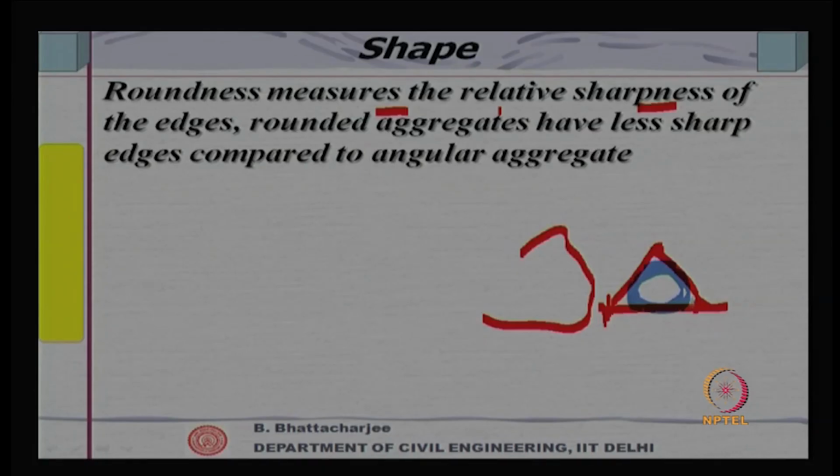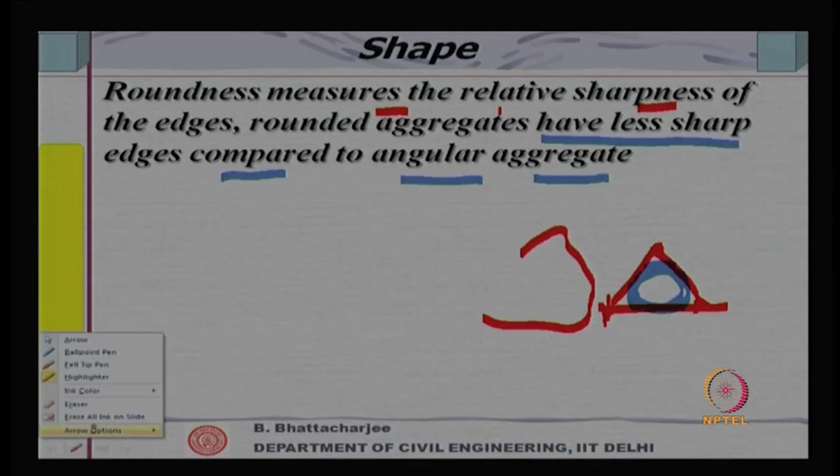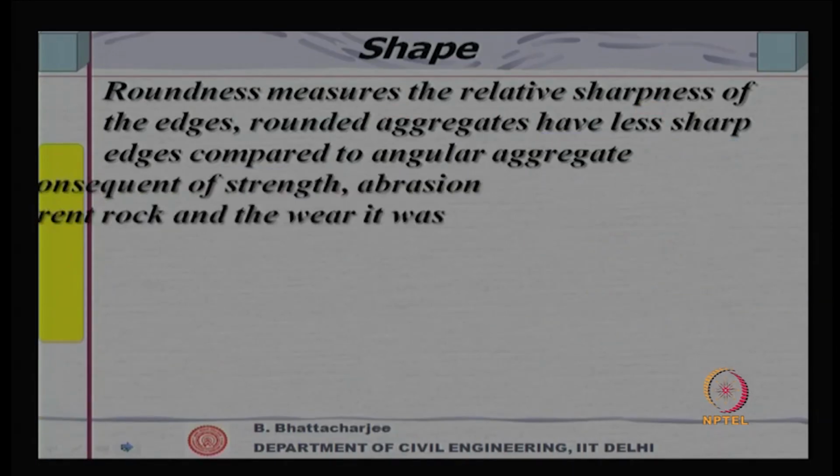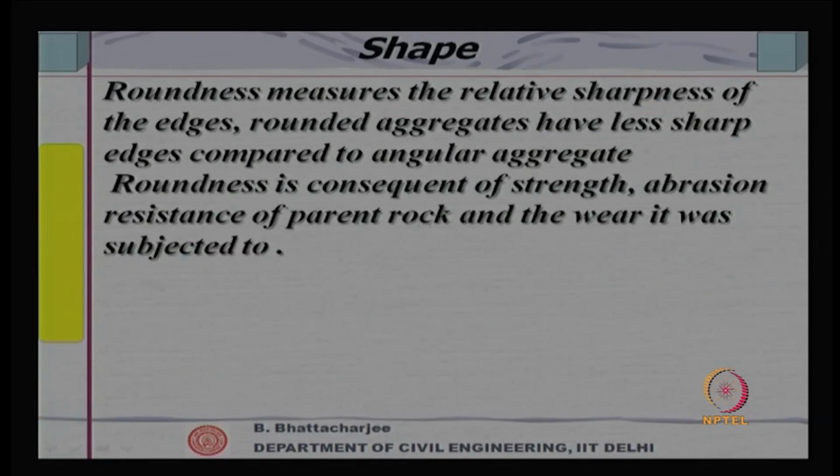Normally, natural aggregate will have a tendency, due to abrasion and weathering action, for the sharp edges to vanish. The initial one was an angular shape. So, rounded aggregate has less sharp edges compared to angular aggregate. Roundness is a consequence of strength, abrasion resistance of the parent rock and what it was subjected to.